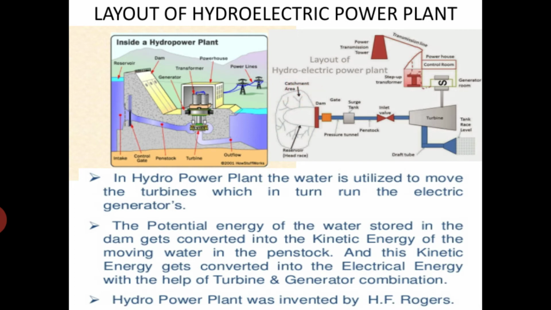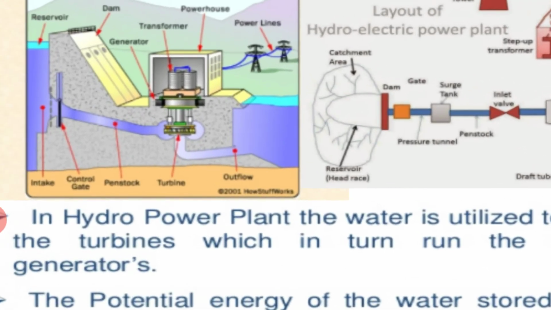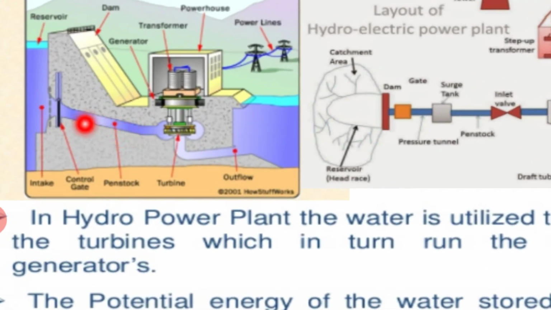The various components of this hydroelectric power plant are a dam constructed across a river to store the water, and next, very large diameter pipes called penstocks, which carry water under pressure from the storage reservoir to turbines. These pipes are made of steel or reinforced concrete.